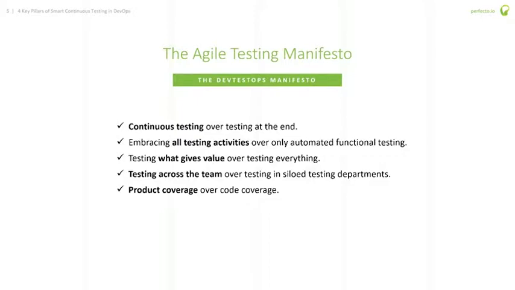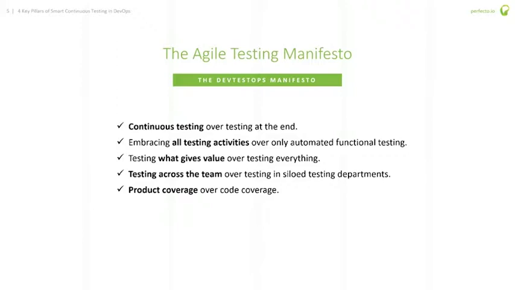So let's start with the Agile testing manifesto. When you're talking about the Agile testing, you need to look into a few things that are important. The DevOps and Agile manifesto define continuous testing as something that needs to happen all the time, not at the end of the sprint, not at the end of your software iteration. You need to invest and make sure that continuous testing is done as an automated process and activity throughout the software life cycle.